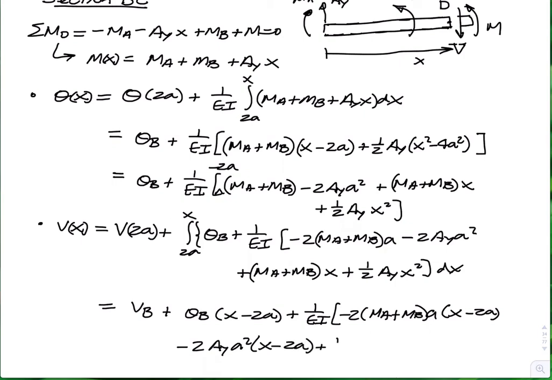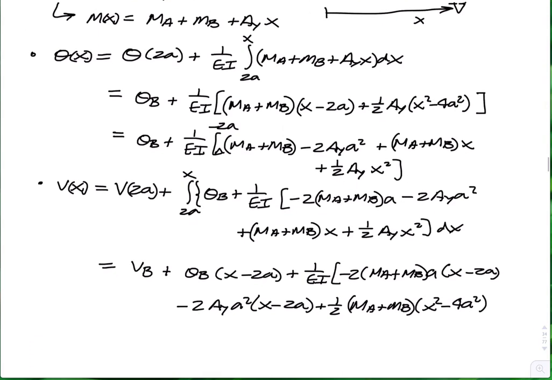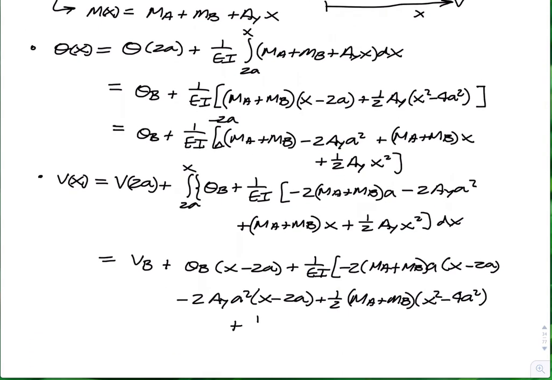I'm going to have 1/2 MA plus MB x squared, so that's x squared minus 2a squared, so that's 4a squared, like that, plus, oops, not 1/2, there's going to be another factor there in front, because when I integrate x squared, I get 1 over 3, that gives us a 1 over 6 AY x cubed minus the 8a cubed, like that. So this is our equation there for v of x.